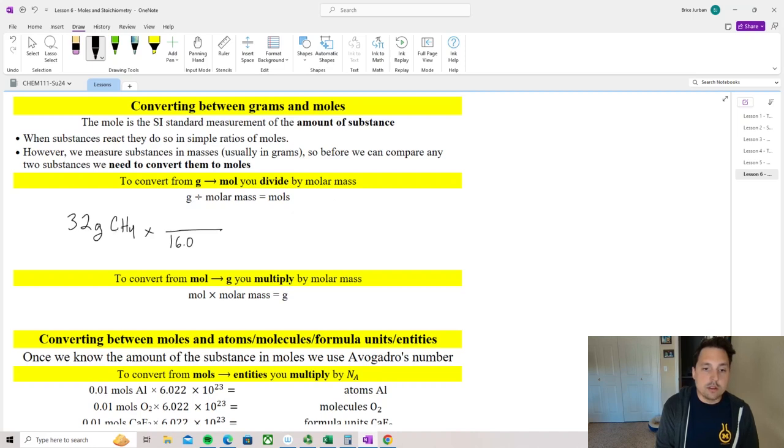So how do I know what the molar mass is? I've got to show you that. I always want to jump ahead, I'm so sorry. So we have 1 carbon, which is 12.01, and 4 hydrogens, which are 4 times 1.008. And then when we add these together, we'll get the molar mass of methane.